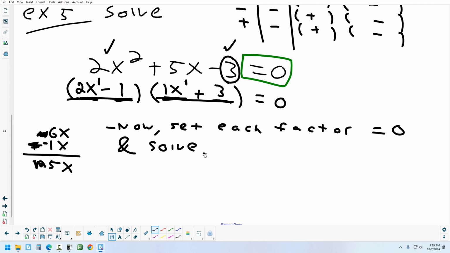Okay, so my first factor is 2x minus 1. Set it equal to 0. My second factor is x plus 3. And set that equal to 0.